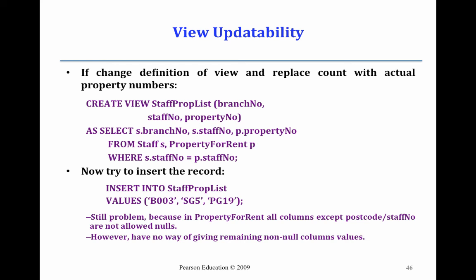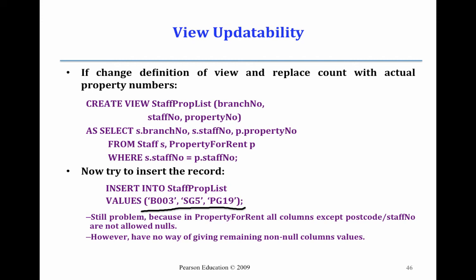Okay, so let's say instead that my view contained actually the property numbers rather than the count. So I'm modifying the view. Instead of counting the number of properties, I'm keeping track of the property numbers each staff member manages. And now again I say, can I insert a tuple into that new view?